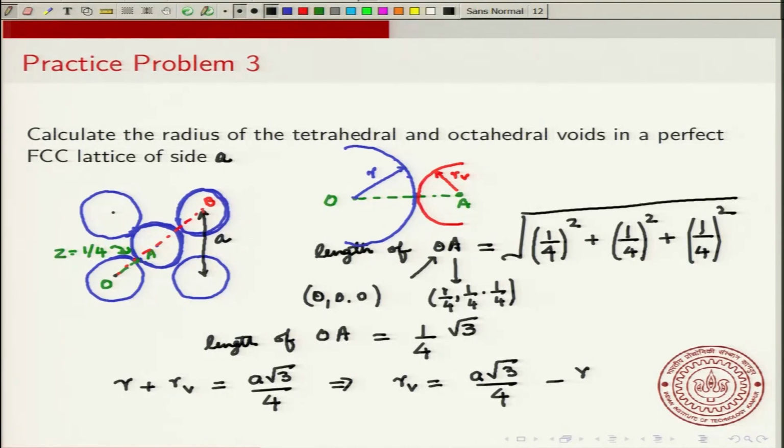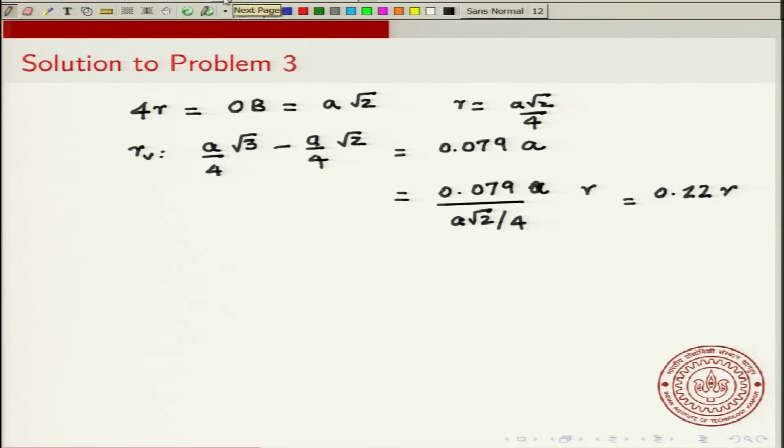The center of the cube is located at x equal to half, y equal to half, z equal to half. If you go along this line, starting from the face center that is in the plane of the screen to the center of the cube, which is located at z equal to half, you will get the relation for the octahedral void.